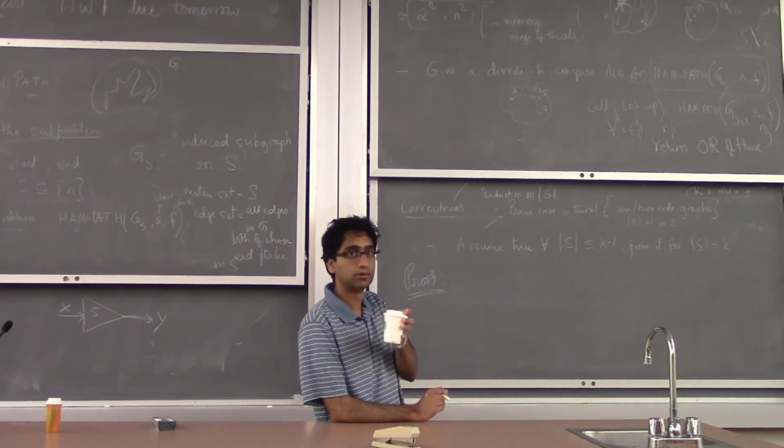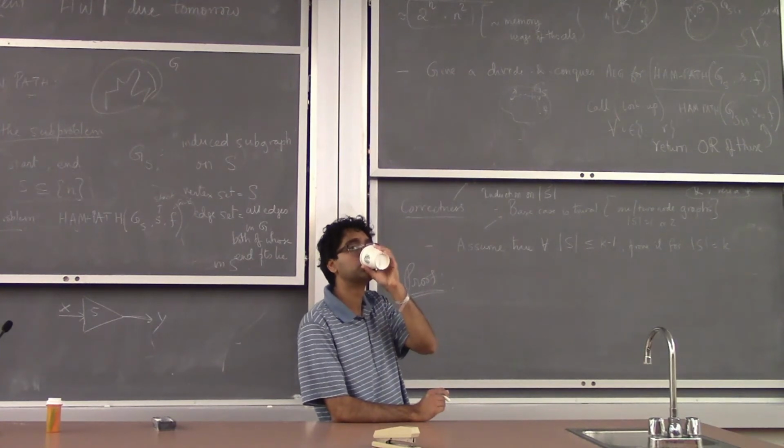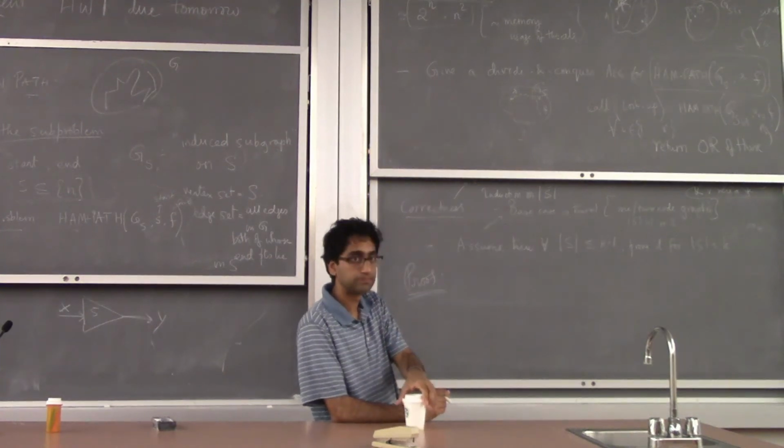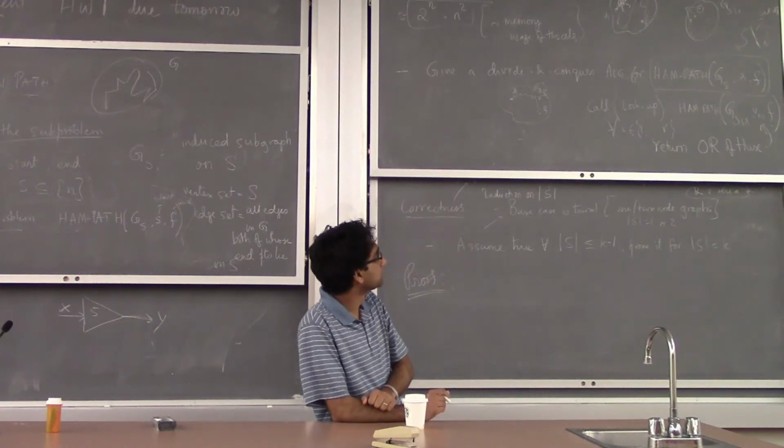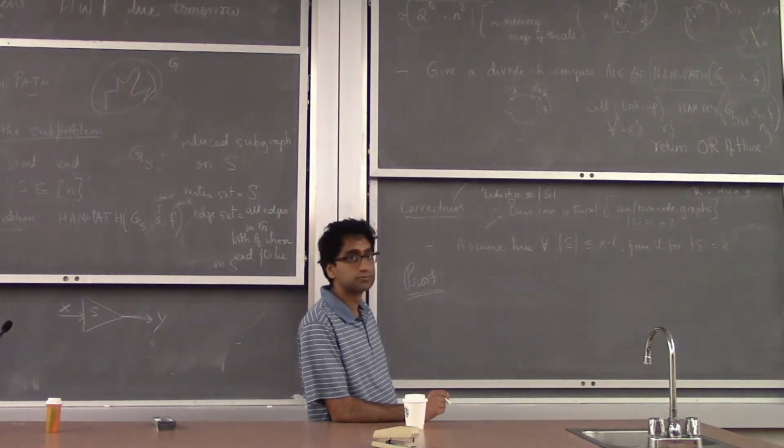If it gives a Hamiltonian path till k minus 1 node, then since in the algorithm we are checking all the neighbors, it will only give a Hamiltonian path in k if there is an edge between k minus 1 and k.